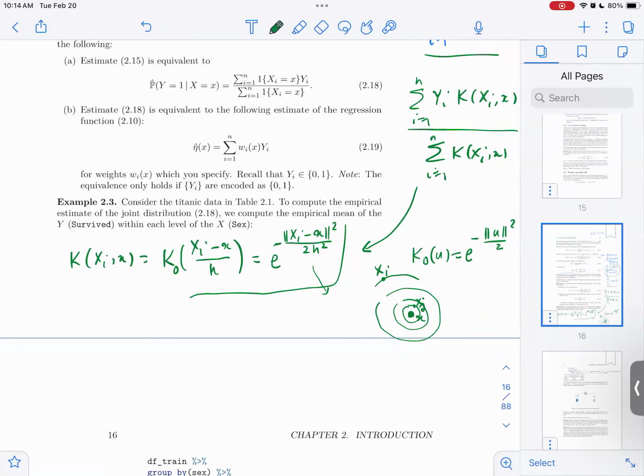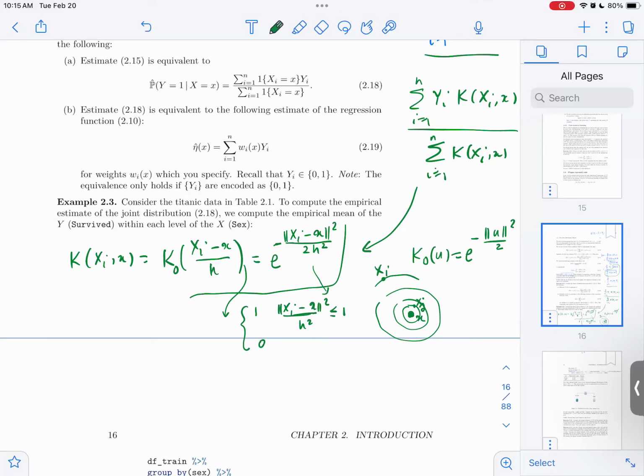Like if the kernel is the box kernel, it just pops off. So for example, my kernel, instead of the Gaussian kernel, could be an indicator. It could be 1 if (xi minus x) squared divided by, let's say, h squared is less than 1, and 0 otherwise.